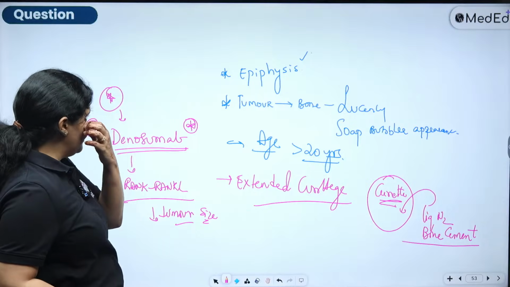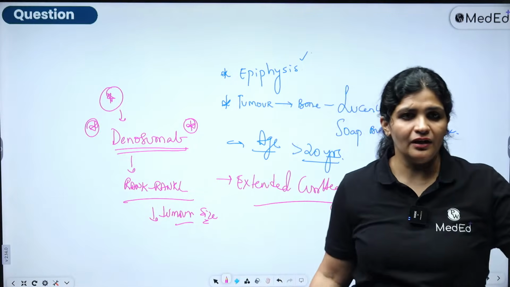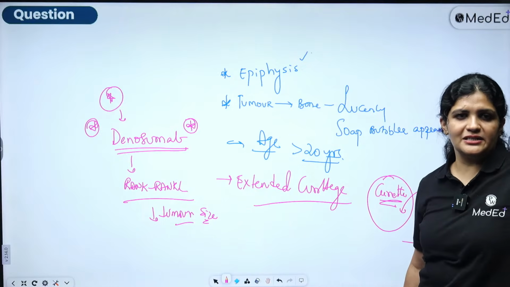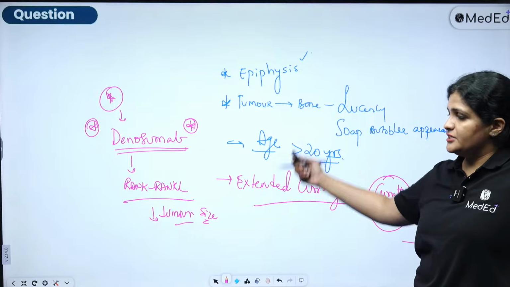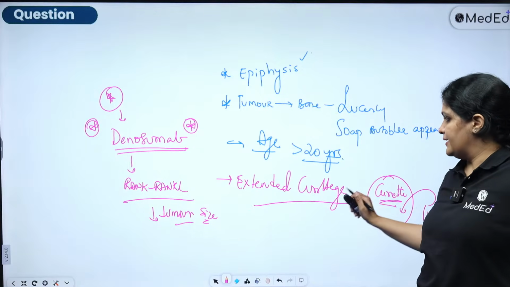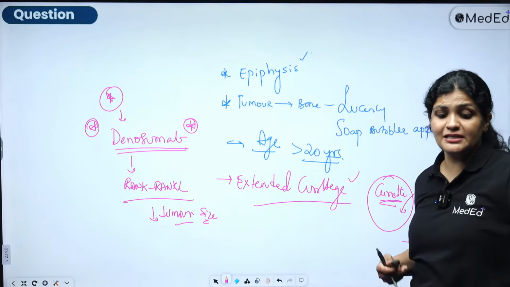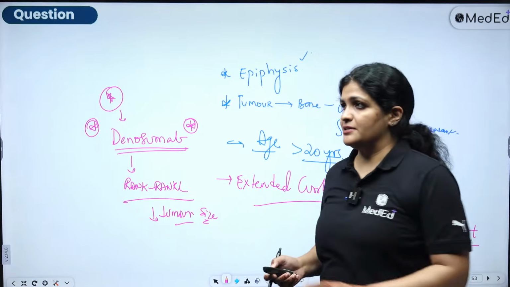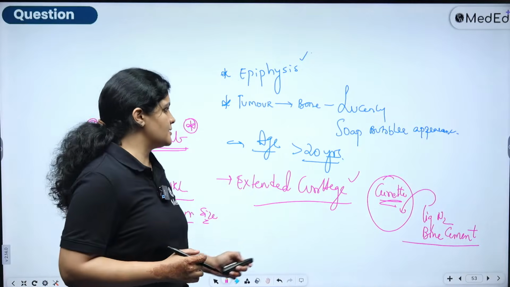Remember this, they might ask because this is a recent advancement. Yes, the shepherd crook deformity is seen in fibrous dysplasia, correct. So in case of GCT, remember the questions they might ask: the treatment is extended curettage, and the recent advancement is denosumab given prior to the surgery to decrease the cavity size.